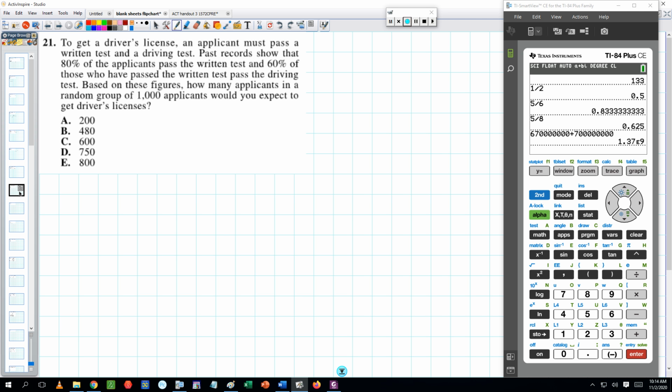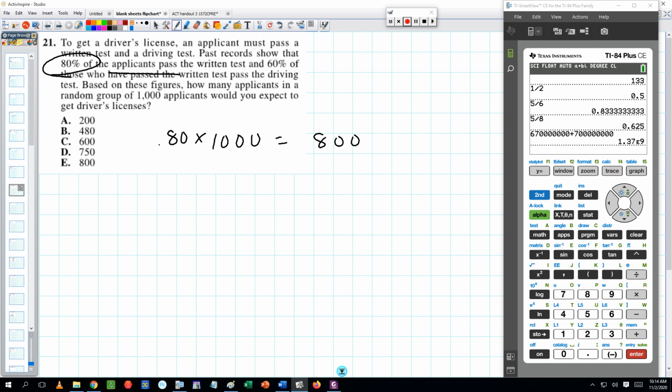To get a driver's license, the applicant must pass a written test and a driving test. Past records show that 80% of the applicants pass the written test, and 60% of those who have passed the written test pass the driving test. Based on these figures, how many applicants? All right, so we have 1,000 applicants, and initially only 80% passed the first test. Then we need to do 0.80 times that, and that'll be 800.